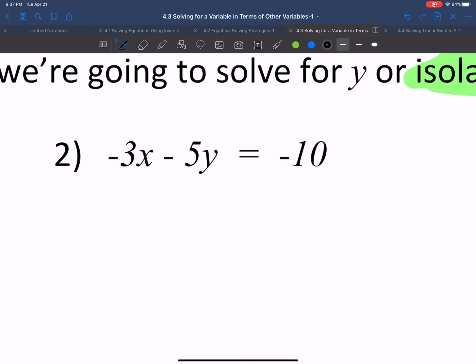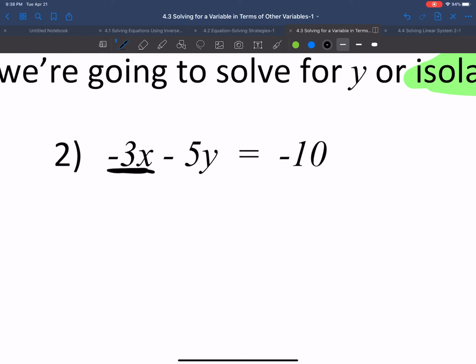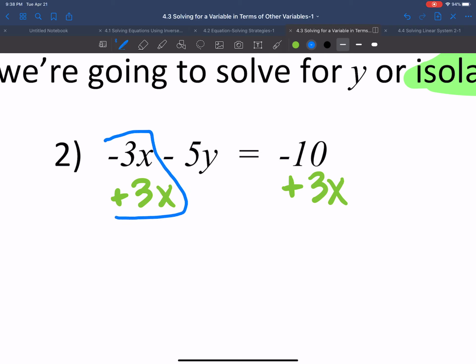So this -3x, I know there's multiplication between the -3 and the x, but in terms of what this thing is doing to y, it's subtracting from y because it's -3x. So we do the opposite. I add 3x. I want to get rid of it because I want y by itself.